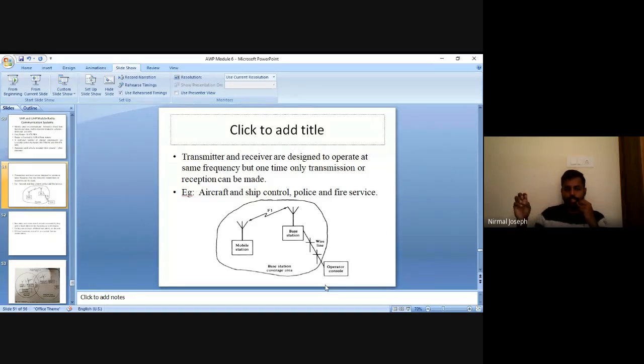Okay, suppose some military headquarters is getting information that all air force stations are going to be attacked, or there is a chance of some sort of terrorist attack on defense establishments, then that is the operator console. From the operator console in the defense headquarters, through wire or telephone line, they will send some code message to all base stations. That code message will be some particular code, so that if somebody else is hearing it, they won't understand what it is.